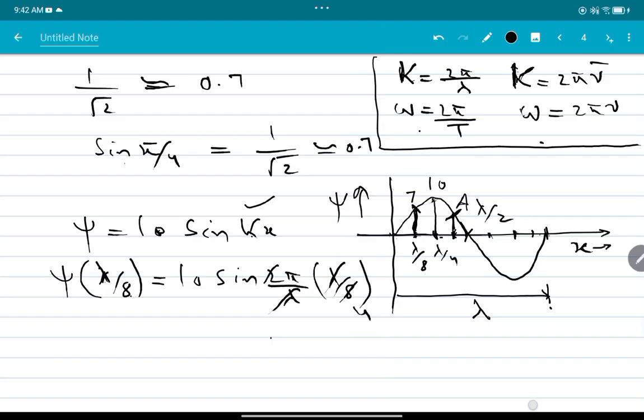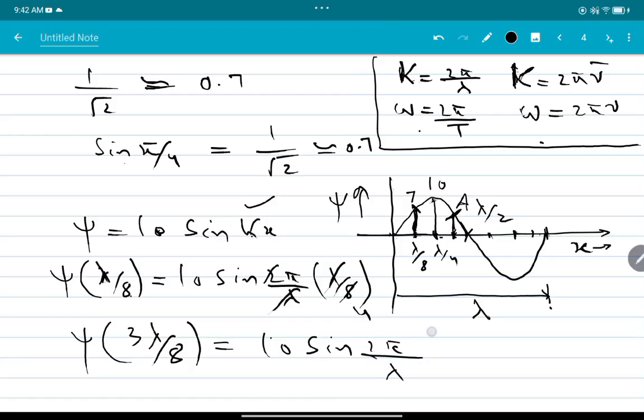Even if you don't agree with me and say, no sir, show us, I can show it. Suppose I want psi at 3 lambda by 8. That is 10 sine 2 pi by lambda, in place of k.